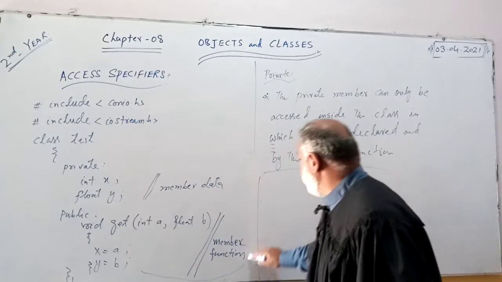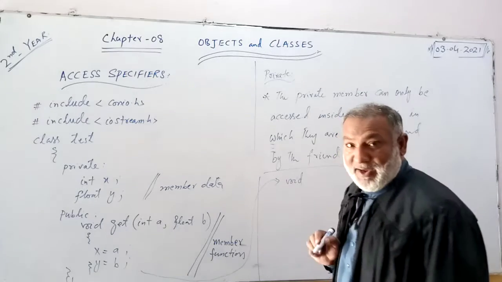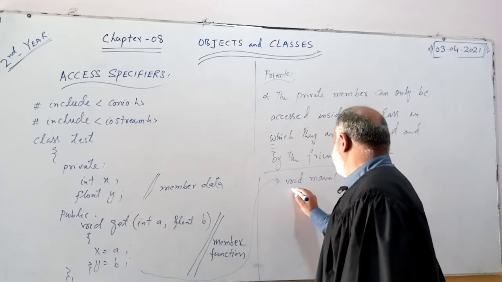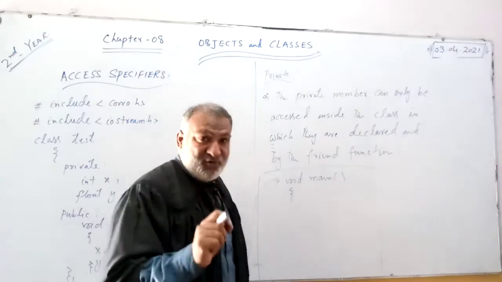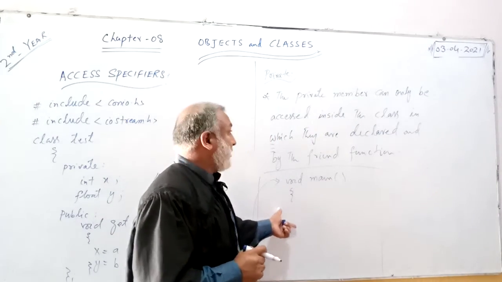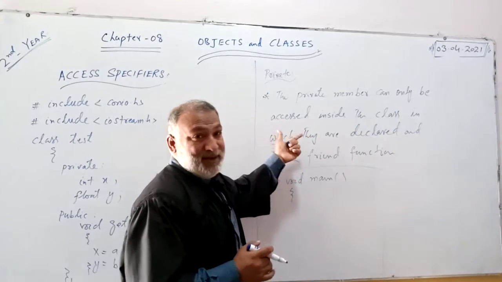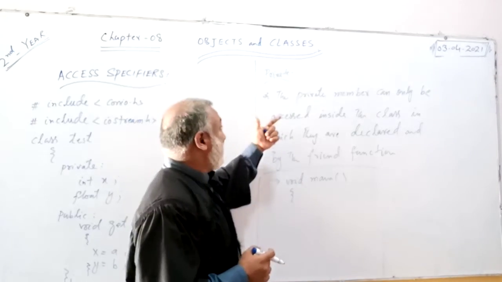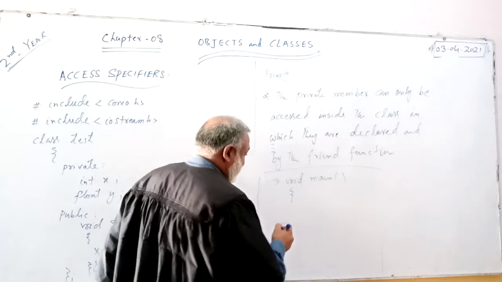Now what I am going to do is write a main function, and that is void main. Here I need your attention in this portion, which will give us a complete detail and a complete picture of the private members, whether they can be accessed or not.